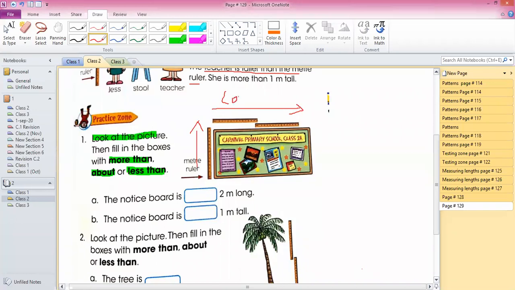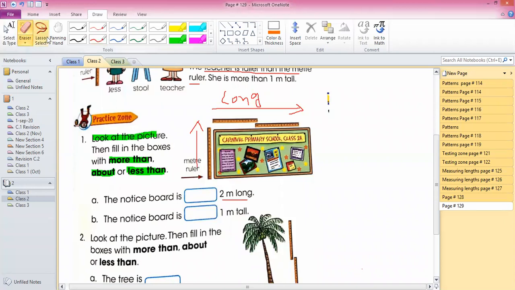This is for long, and this is for tall. Clear? For long, now you have to check the notice board. The notice board is more than, about, or less than 2 meter long. You can check in the book also, or on the screen.